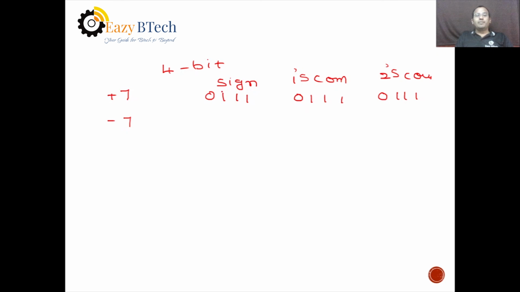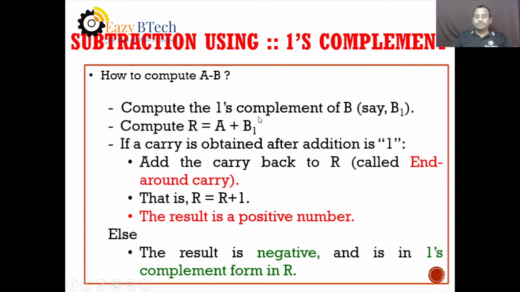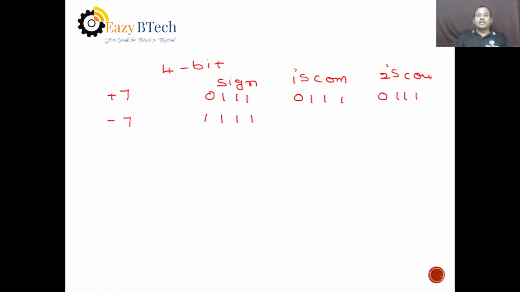In signed magnitude form, minus 7 will be represented with the MSB bit as 1, whereas in 1's complement we simply take the 1's complement of plus 7. If you take the 1's complement of this plus 7, it is 1 triple 0, whereas to get the representation of minus 7 in 2's complement, we have to add 1 to the 1's complement of the number.